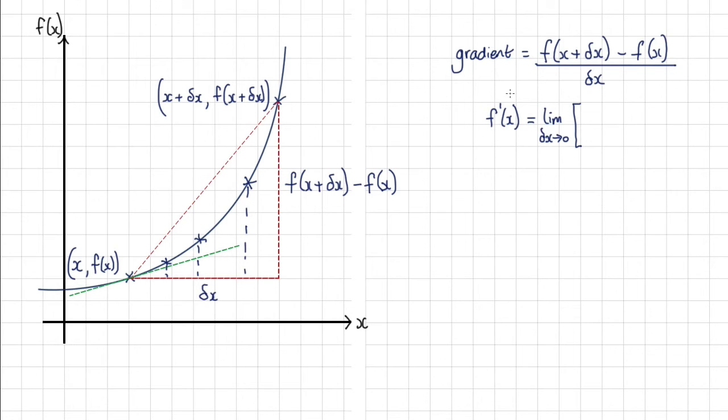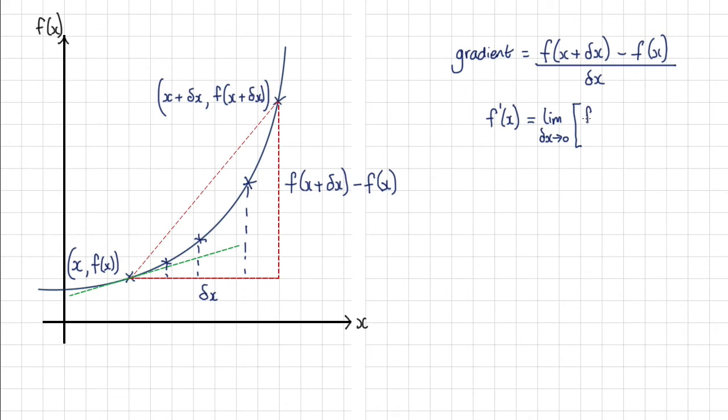This represents the gradient, f dash of x. You might also see dy by dx is equal to the limit as delta x tends to 0. In other words, this point is moving closer and closer. We've got delta x becoming very, very small, and as it approaches this incredibly small number, we get the gradient of this tangent.